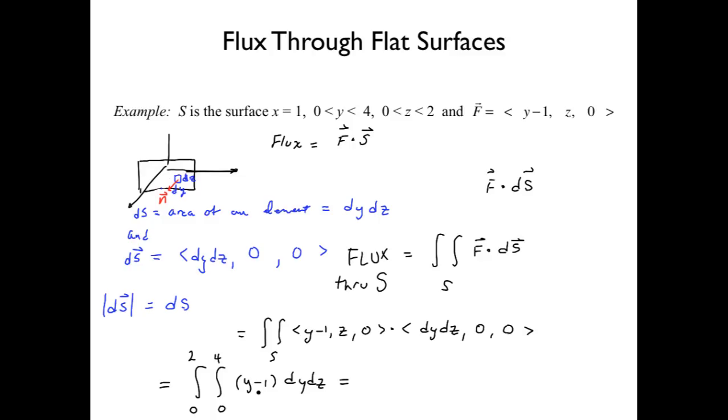Y squared over 2 minus y from 0 to 4, is that 8? Is that 4? Make sure that's right. Y squared over 2 is 4 squared over 2 is 8, minus y is 4.